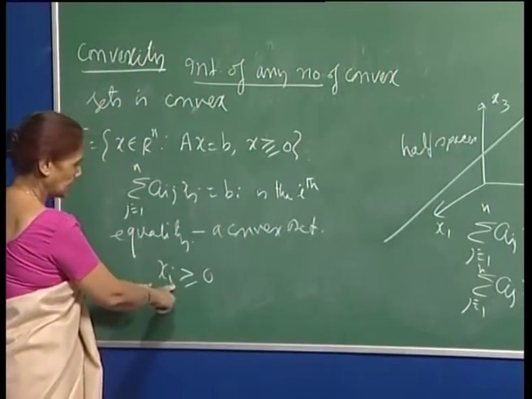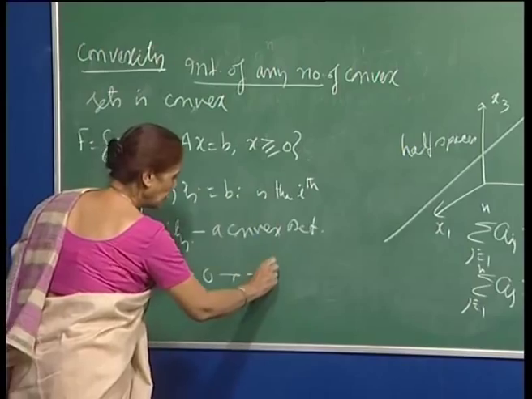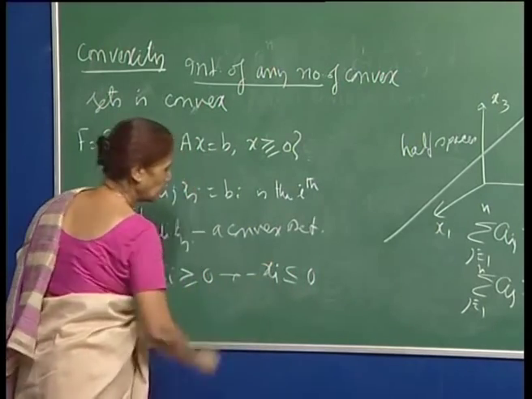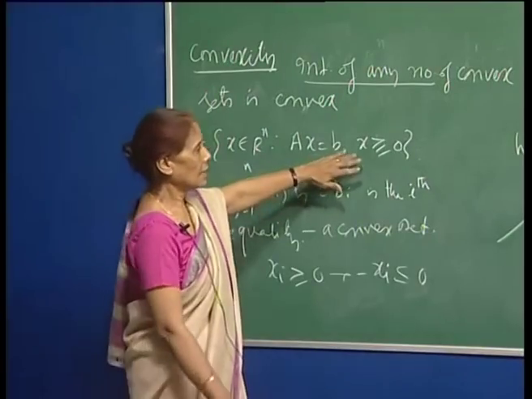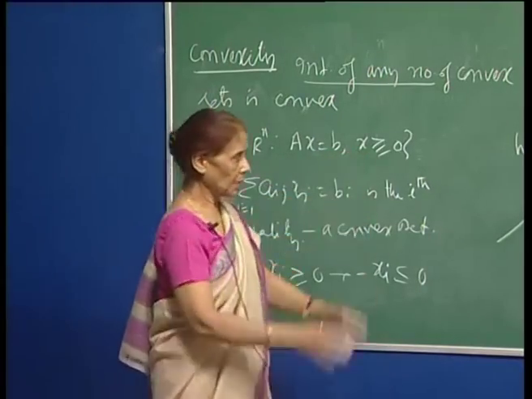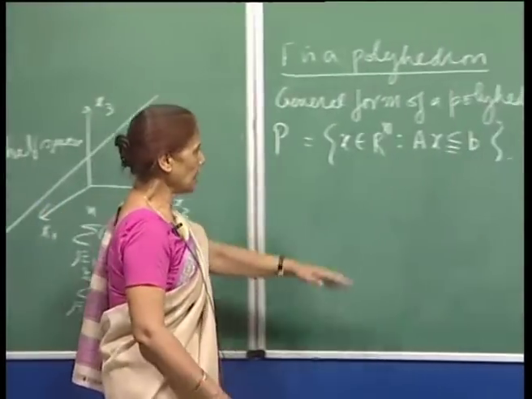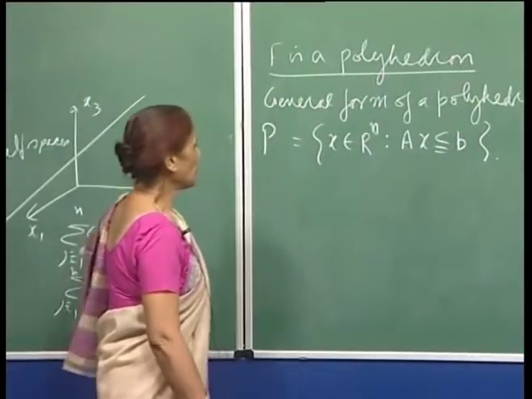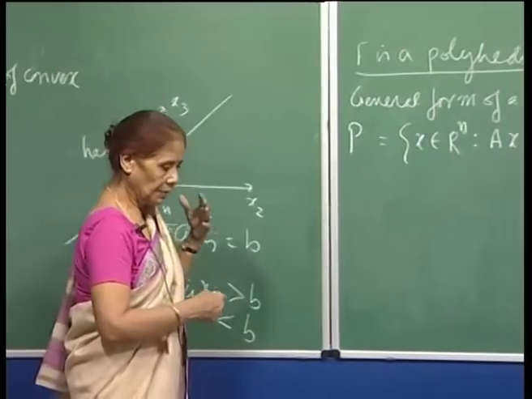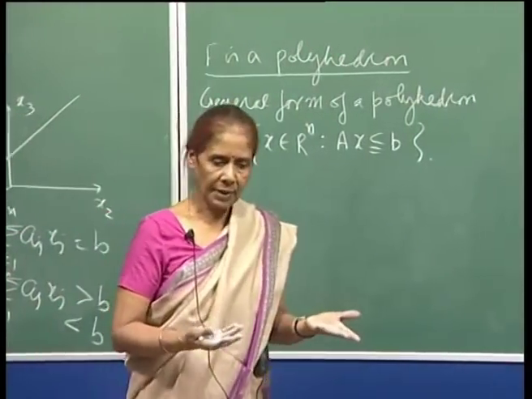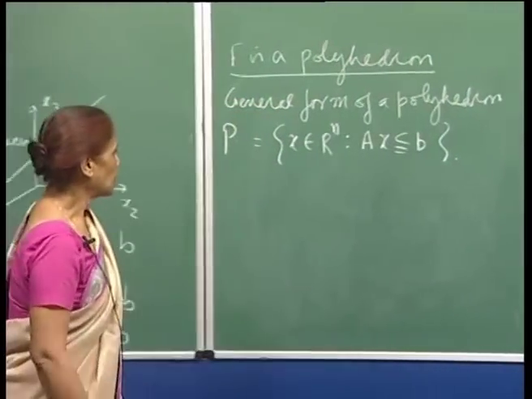So this constraint, for example, can also be written as minus xi less than or equal to 0. It is not a big deal. I can take these as equations and inequalities, put them together, and in a more concise way say that this is your description of a polyhedron. So we will mostly be dealing with polyhedrons in linear programming.